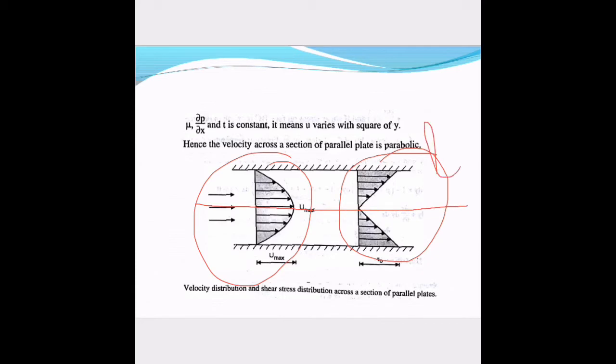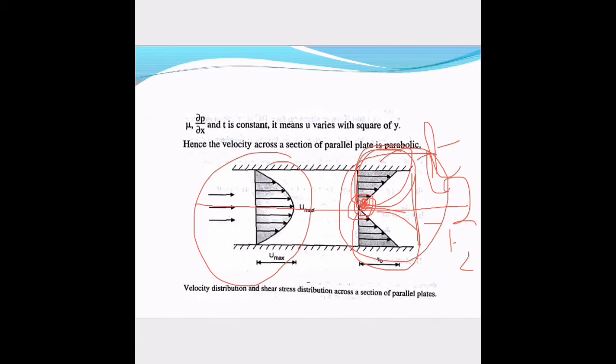Here you can see the minimum occurs in the middle of the plate. If y equal to t by 2, the minimum shear stress occurs, that means shear stress will be 0 here, and it will be maximum near the boundaries.